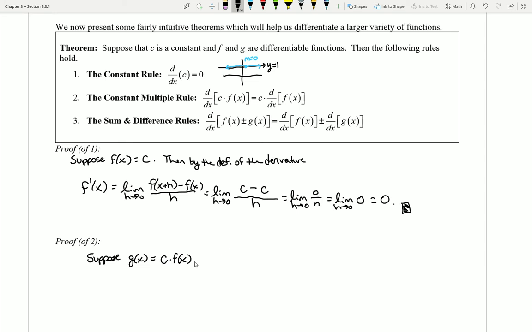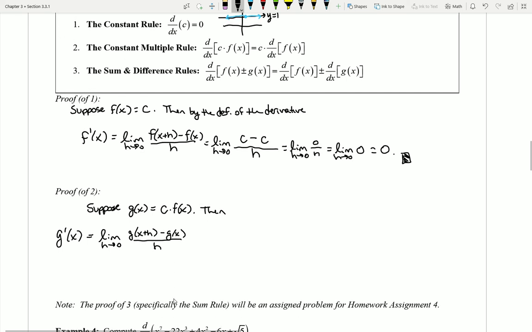Well, again, then I should be able to state that if I wanted to calculate the derivative of constant times mystery function, I again would just have to calculate the limit of g of x plus h minus g of x over h. That's always what I would have to do.